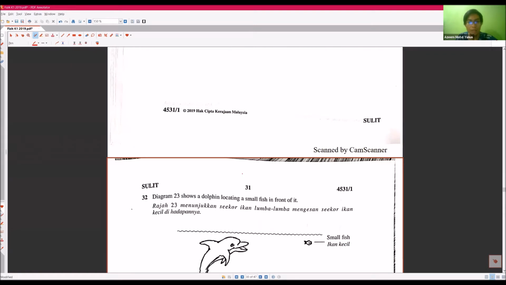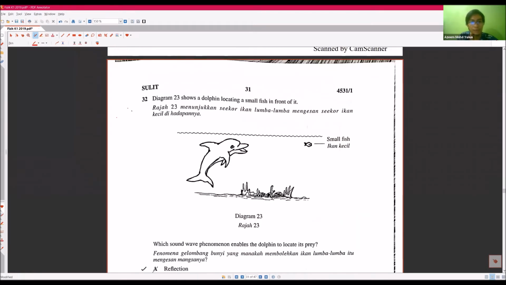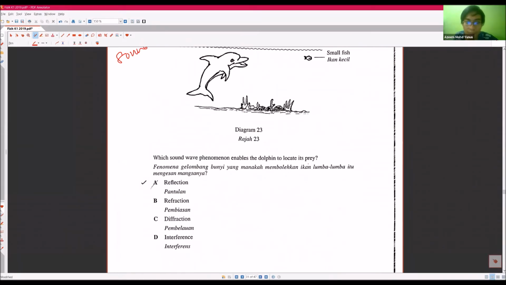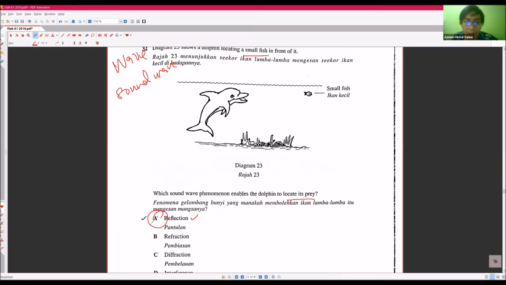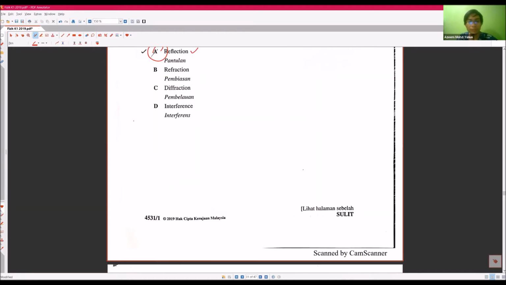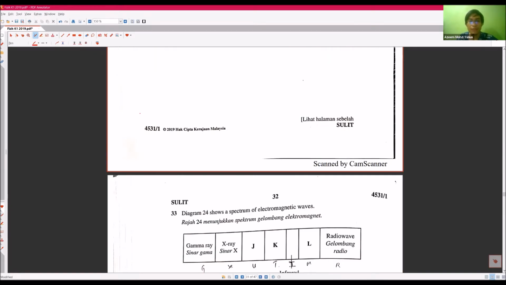Number 32, wave sound. Electromagnetic wave.